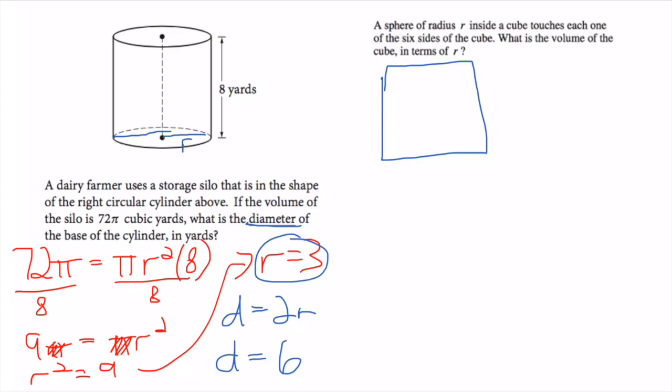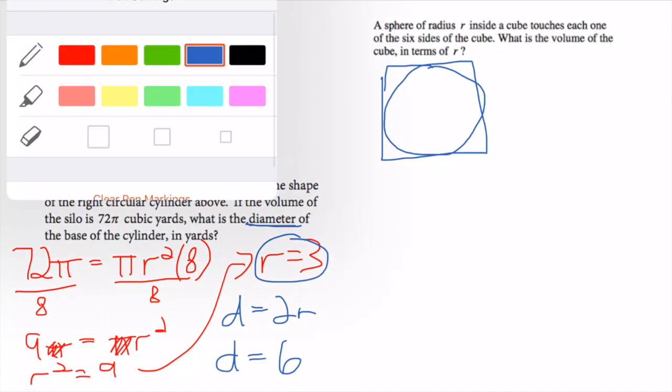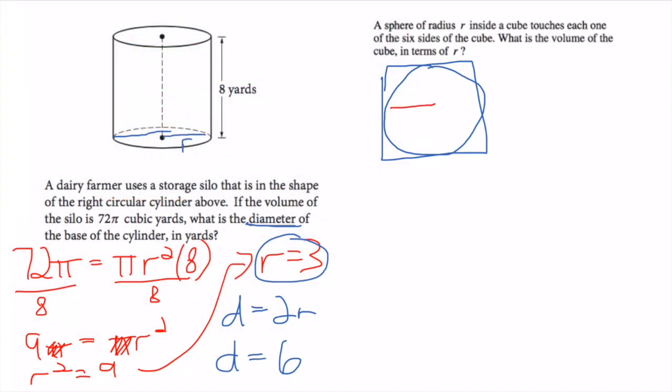So I look like this. It tells me it has a radius of r, and I want to know the volume of the cube.